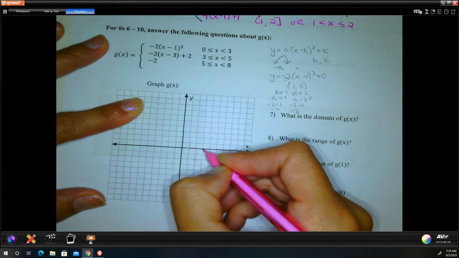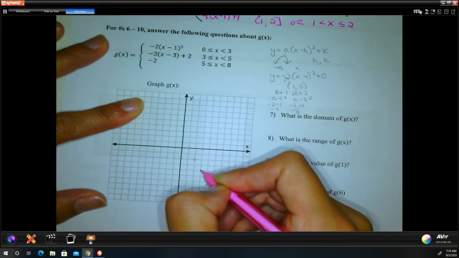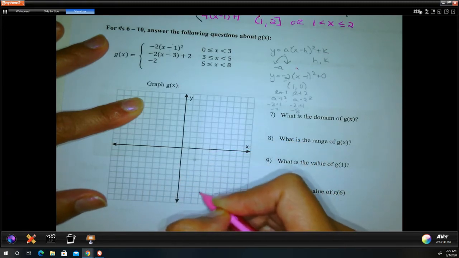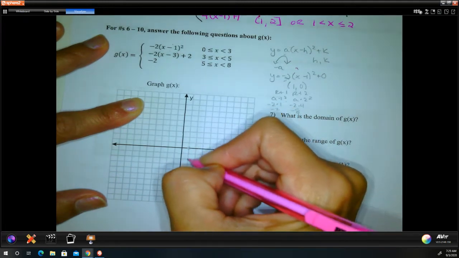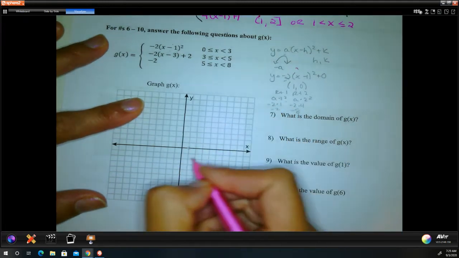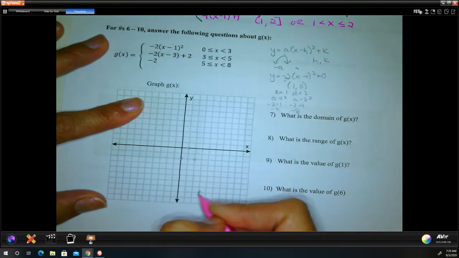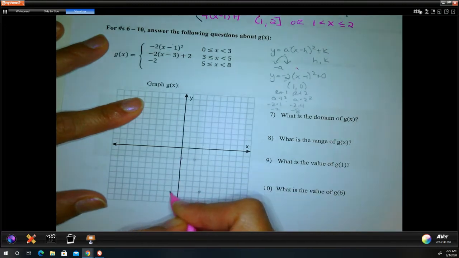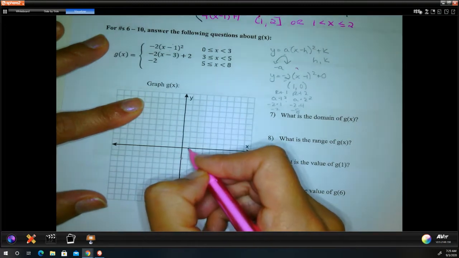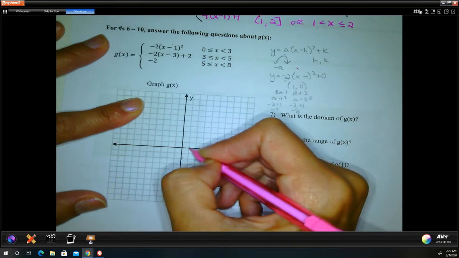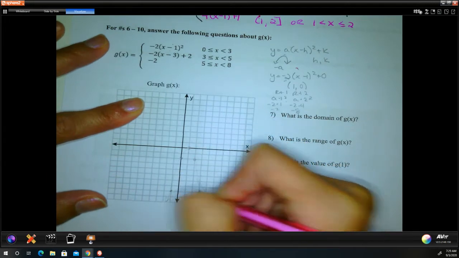So right 2, down 1, 2, 3, 4, 5, 6, 7, 8. Remember, your quadratics have an axis of symmetry, so this point is going to match up, and then this point is going to be 2 to the left. So here would be my normal quadratic, if I just had a quadratic.